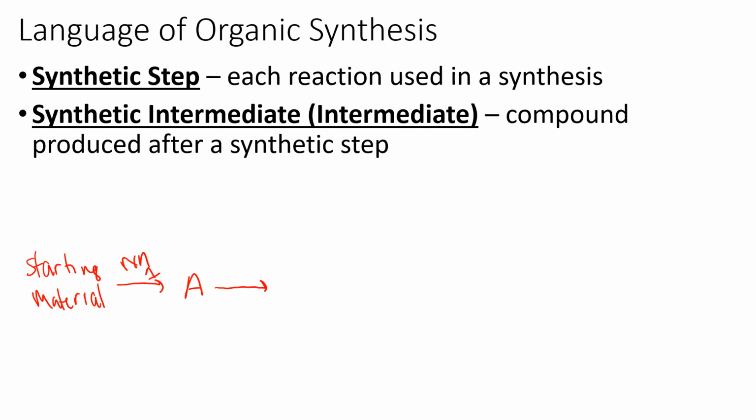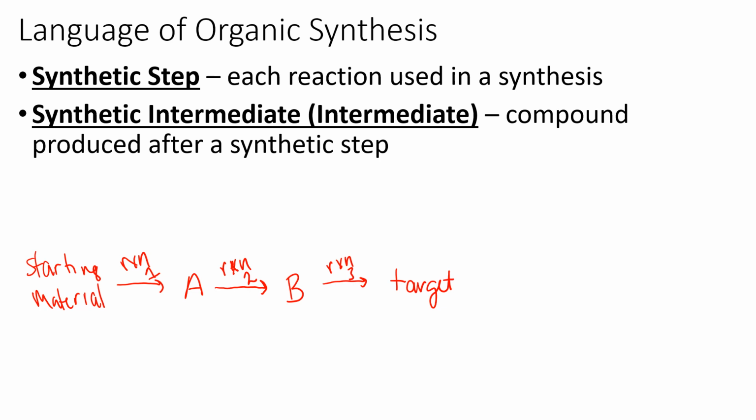We will then use that intermediate in another reaction, we'll call this reaction number 2, to produce a different intermediate. And we can continue to go through this process until we finally get to a reaction that I'm going to label as reaction number 3 to get us into our target, or that ending material that we're looking for.